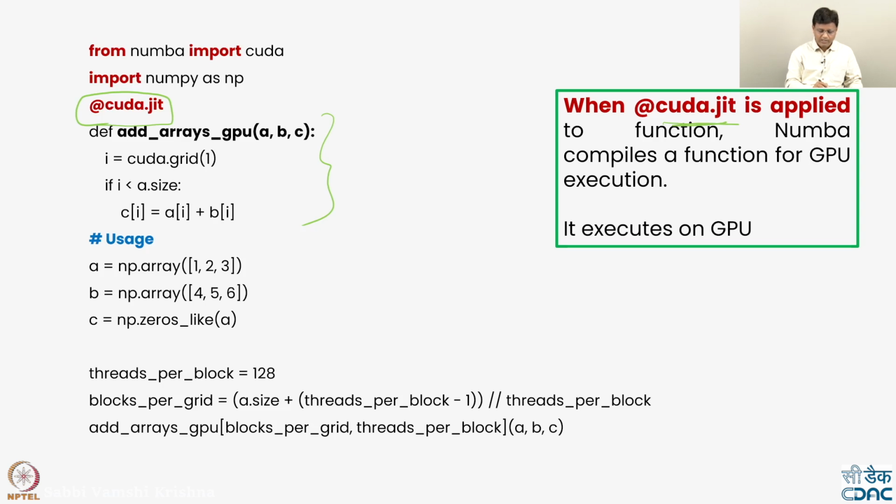Another important thing is this portion of the code. As we have already discussed in a C program, whenever we are using NVIDIA GPUs, we have to define the threads per block and the blocks per grid. These two parameters are very important to pass to the NVIDIA GPUs.